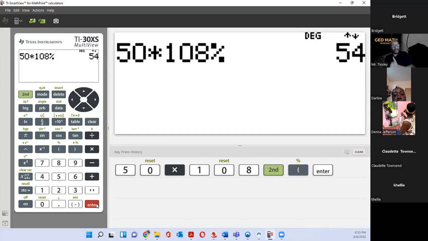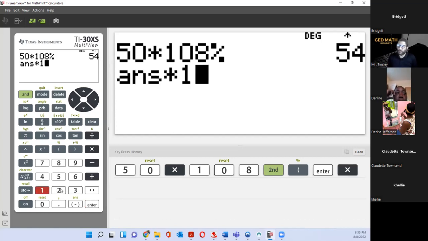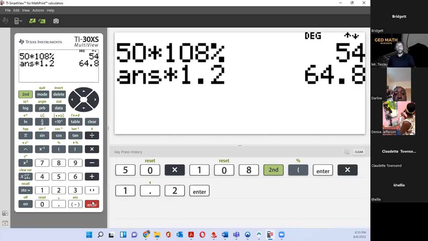So 100% of my total is $54. 20% more is 120%. That's 1.2. Watch this. Now multiply that by 1.2. So if my bill originally was $50 and add 8% sales tax and a 20% tip, it'll be $64.80.